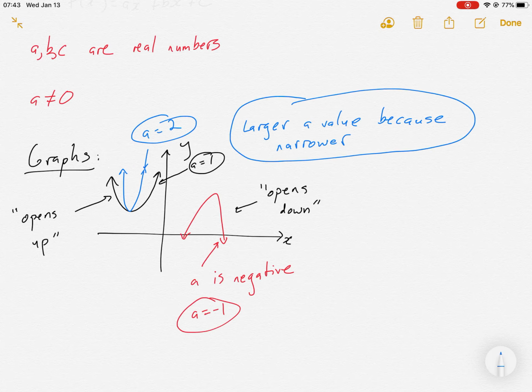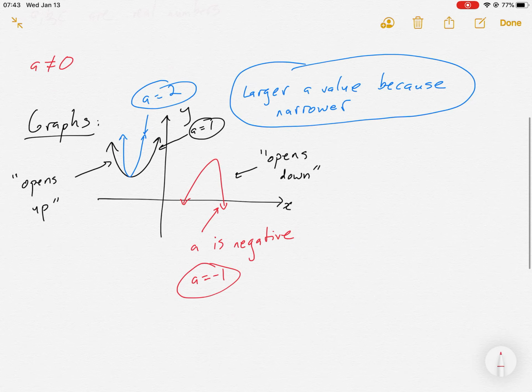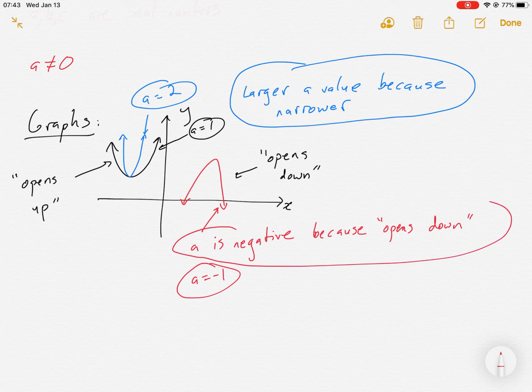It's not necessarily the case where you're going to look at a graph and say, oh, I know a is 2, and then move on from there. I'm just pointing out that it's a larger a value. And same with this value over here, a is negative because it opens down. It's sort of an upside down parabola. Okay. All right, so that's the first concept.